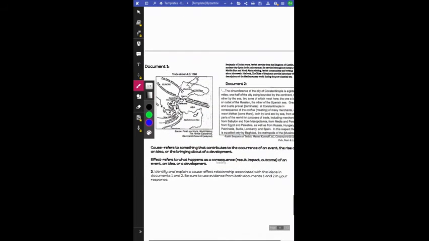Okay. So now, the third question is always going to ask you about a relationship between document 1 and document 2. In this case, it is a cause-effect relationship. So how did one document cause the other?